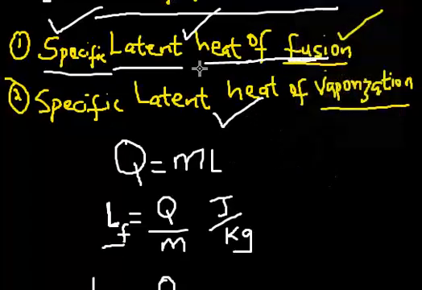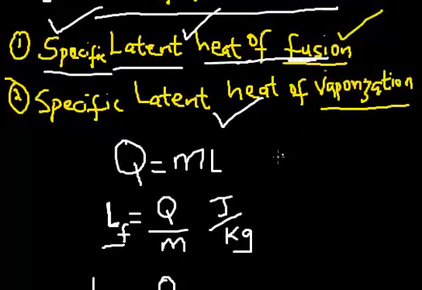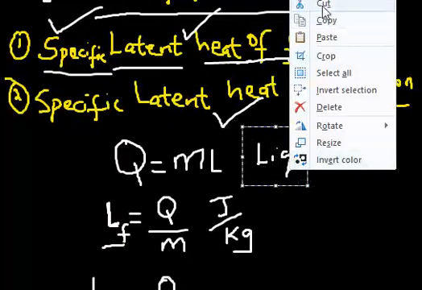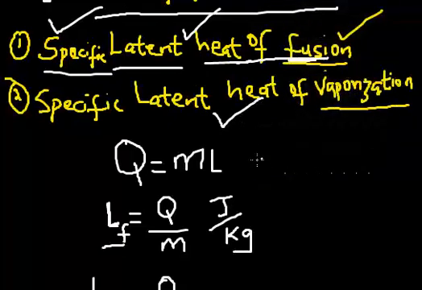So specific latent heat of fusion is the quantity of heat energy required to change 1 kilogram of a substance from its solid state, please pardon me, fusion is from solid state, to liquid state.